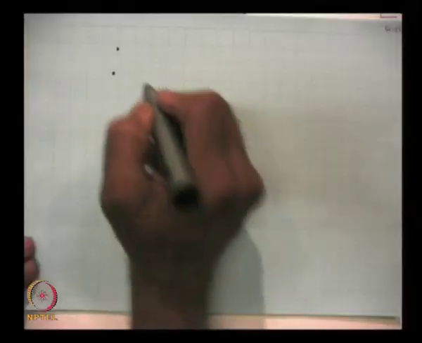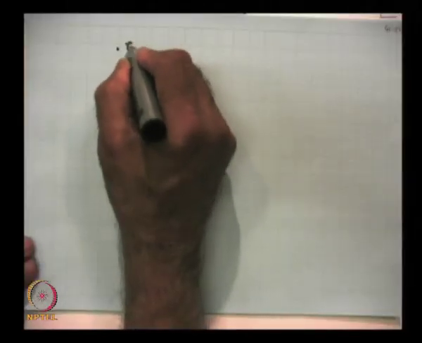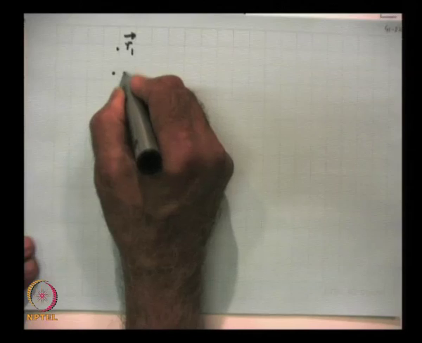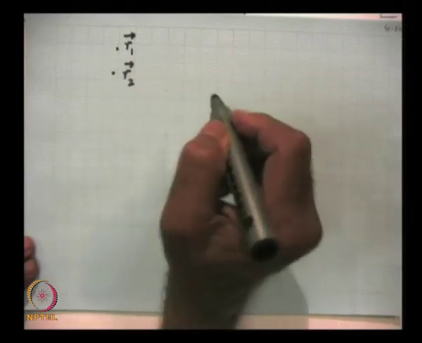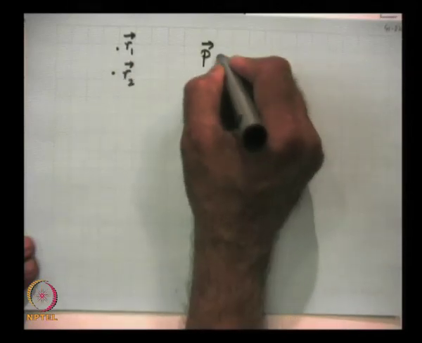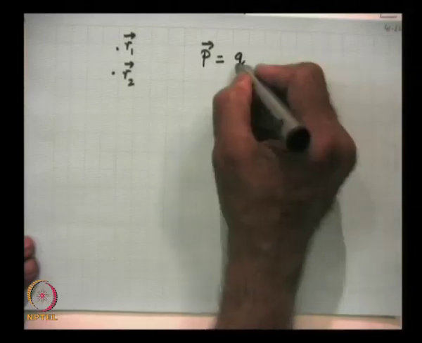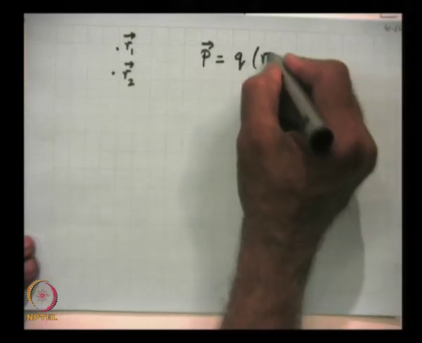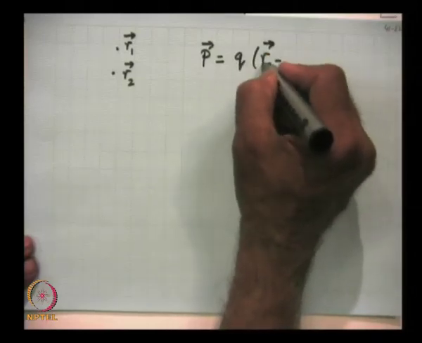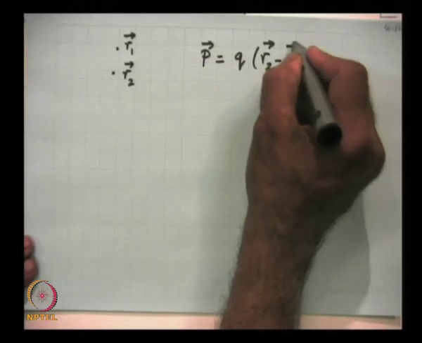Now, let me put the hydrogen atom in an electric field. Let us suppose the hydrogen atom consists of an electron and a proton. Let the electron position coordinate be r 1 and the proton position coordinate be r 2, so it has a dipole moment equal to q times r, where r is the position vector of the proton minus r 1.